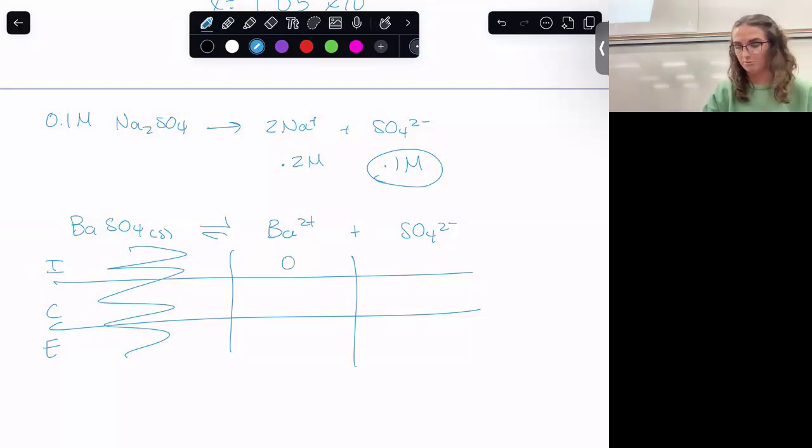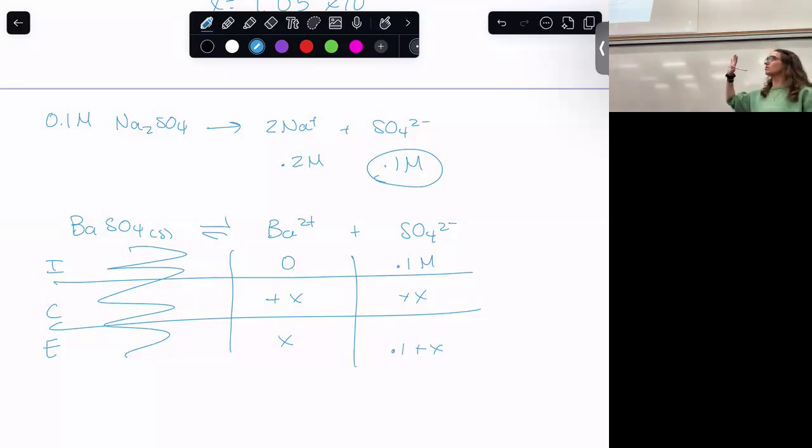So we have 0 barium, but now we have 0.1 molar sulfate ions right off the bat. So what does that mean for Q and K? What does our change turn into? It would still be positive, right? Because we have no barium, we still need to form some barium. So this is still going to be plus X. This is still plus X. This is X and then 0.1 plus X.